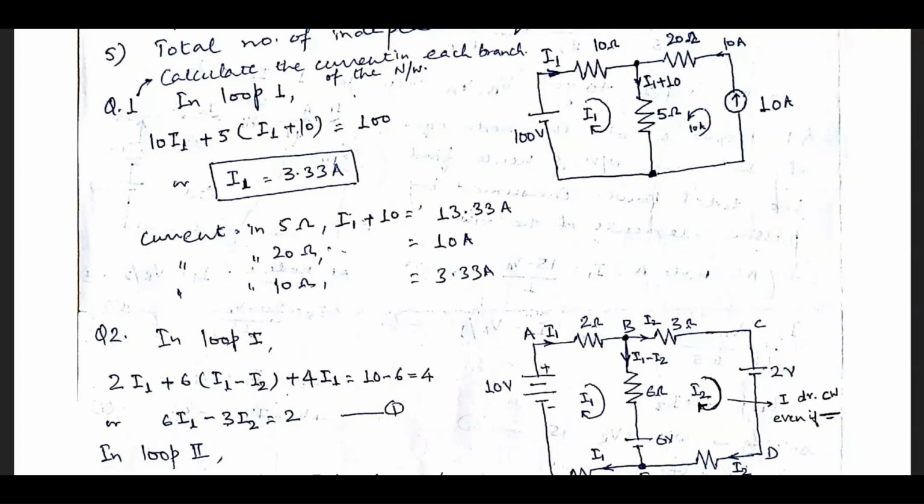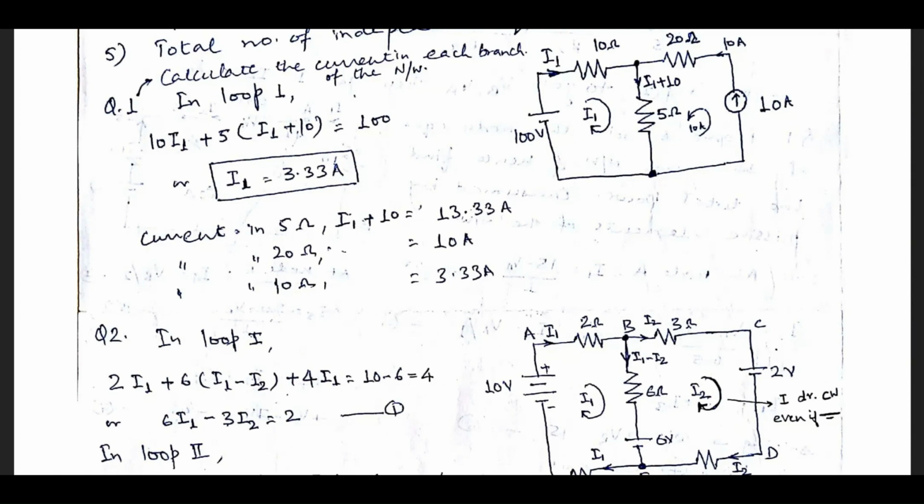In the first loop, when we apply KVL, it is 10I1, plus the 10 ampere current coming from the current source and I1. They both merge at a node and KCL is applied, so the current I1 plus 10 goes through the 5 ohm resistance.